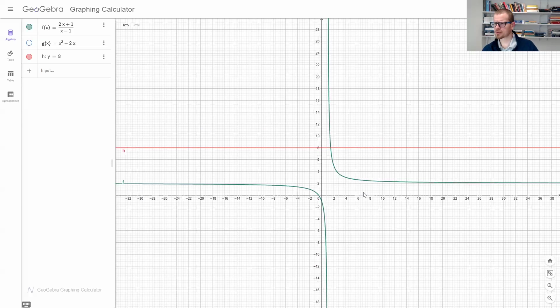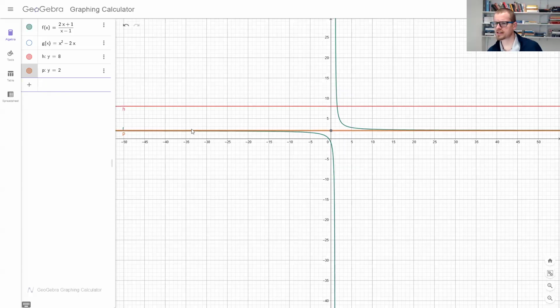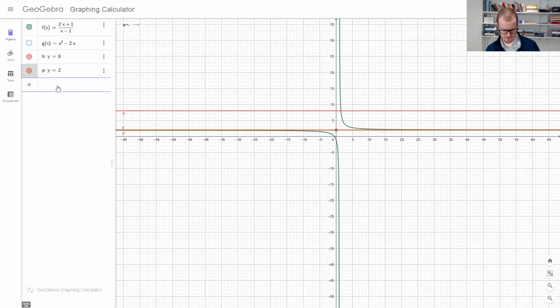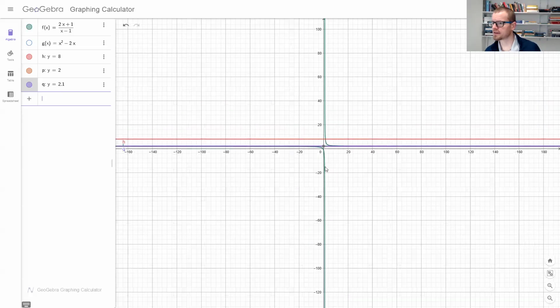The question is, are there multiple elements of the domain that are associated to any individual element of the range? And it looks like if I were to plug in here, maybe y equals 2, I don't see where it actually says that there is an intersection. If I were to say y is equal to 2.1, do I get an intersection there?